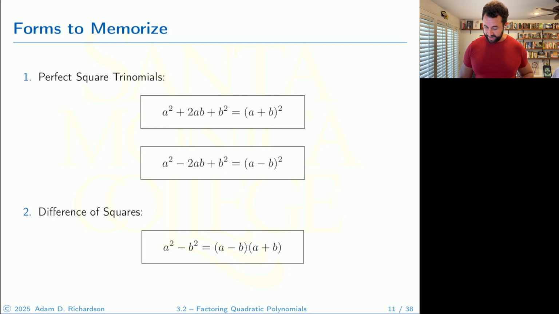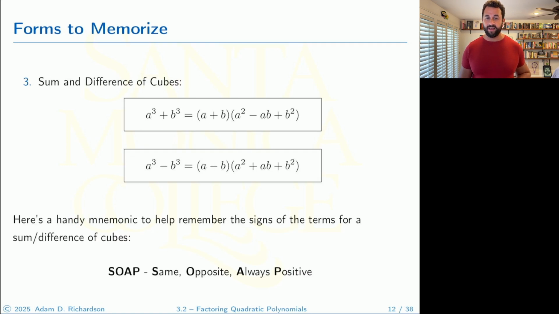Now, alongside differences of squares, we have sums and differences of cubes. Let's walk through the names again for a second. Sum of cubes, a cubed plus b cubed. Then we have difference of cubes.